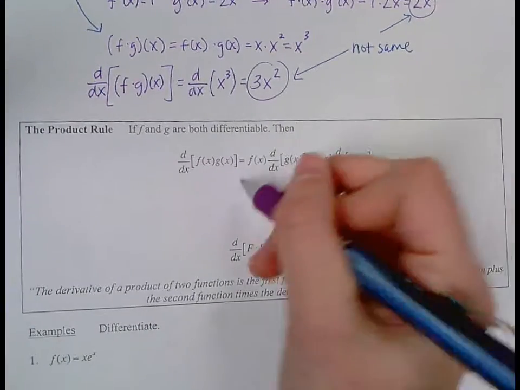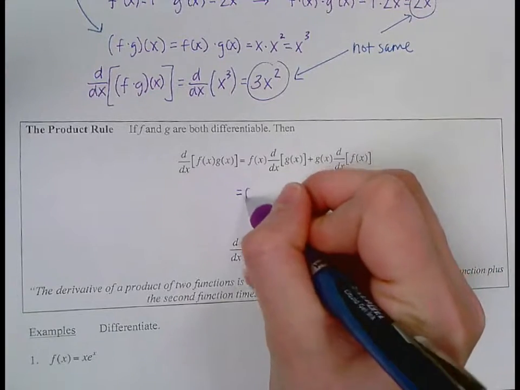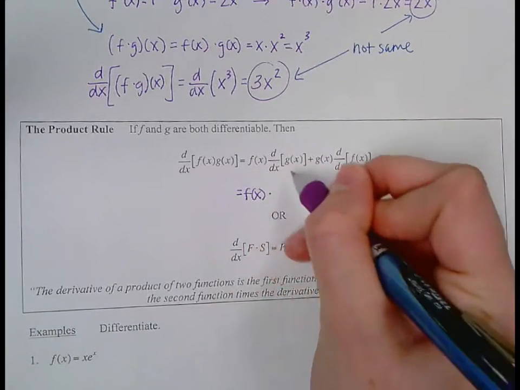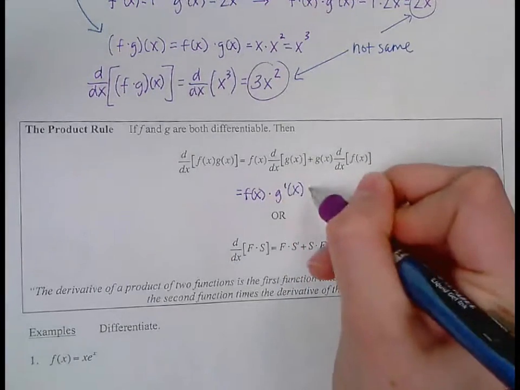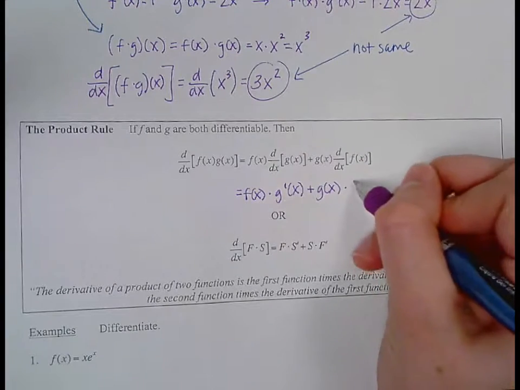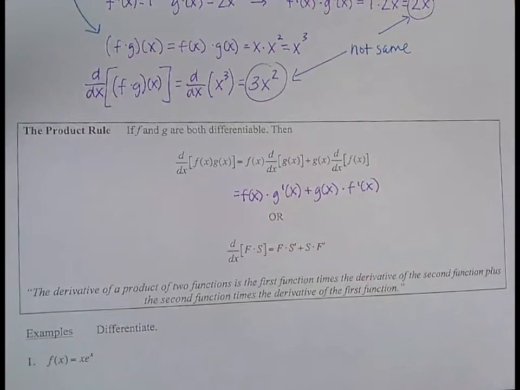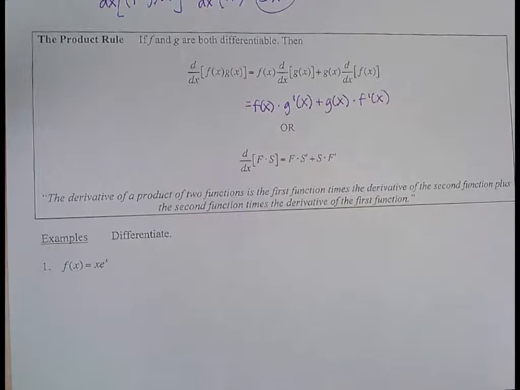Another way to write this, rather than using the Leibniz notation, I could say this is f of x times the derivative of g, which is g prime, plus g of x times the derivative of f, which is f prime. So that is the product rule: f times g prime plus g times f prime.